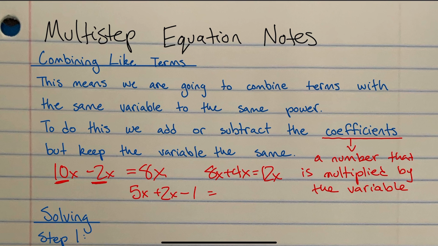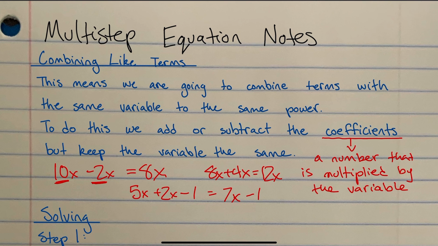Remember, like terms have the same variable to the same power. This does not have a variable on it, so it cannot be combined with the rest of these. But 5x and 2x can still be combined. So let's do 5 plus 2. That's going to be 7. Keep that x. And then since 1 couldn't be combined, we're just going to put it at the end.